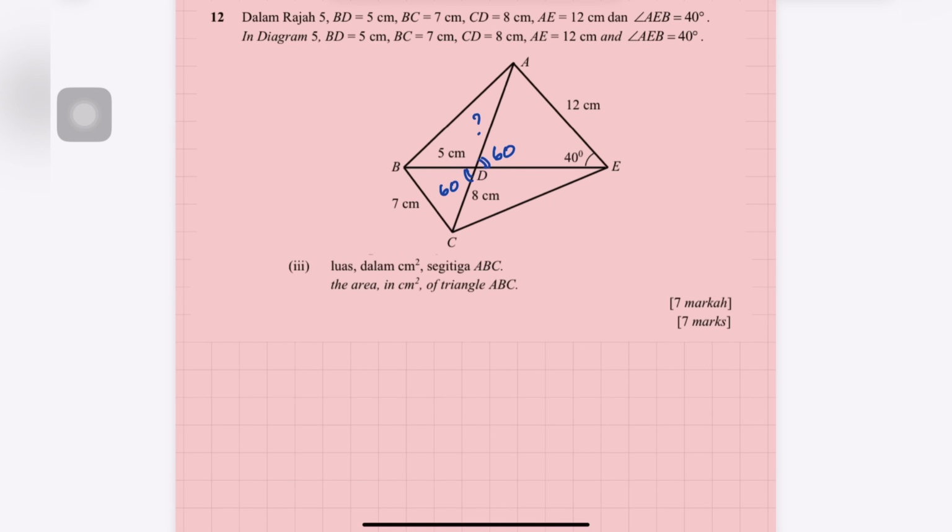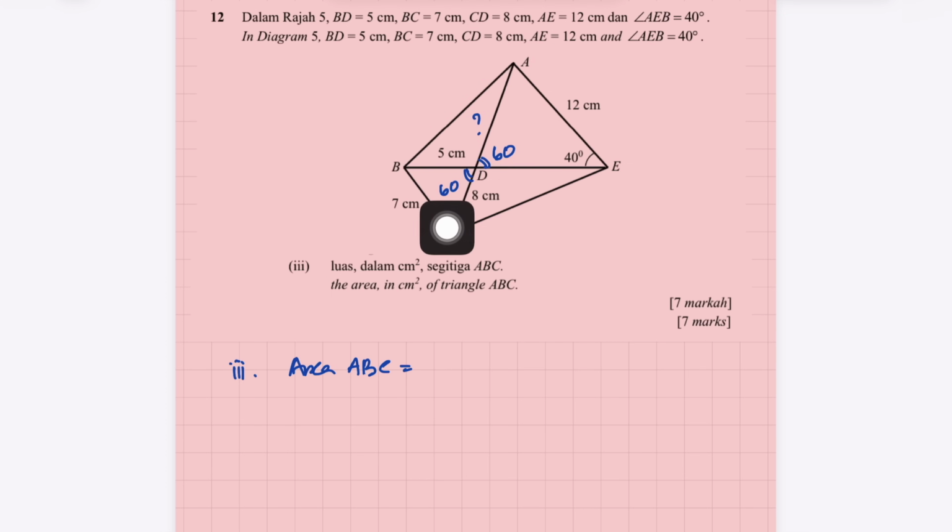Roman 3, calculate the area in centimeter squared of triangle ABC. Okay, so for Roman 3 to find area ABC, kita tak boleh cari sekali gus, sebab ada a few angles and lengths yang kita tak tahu.